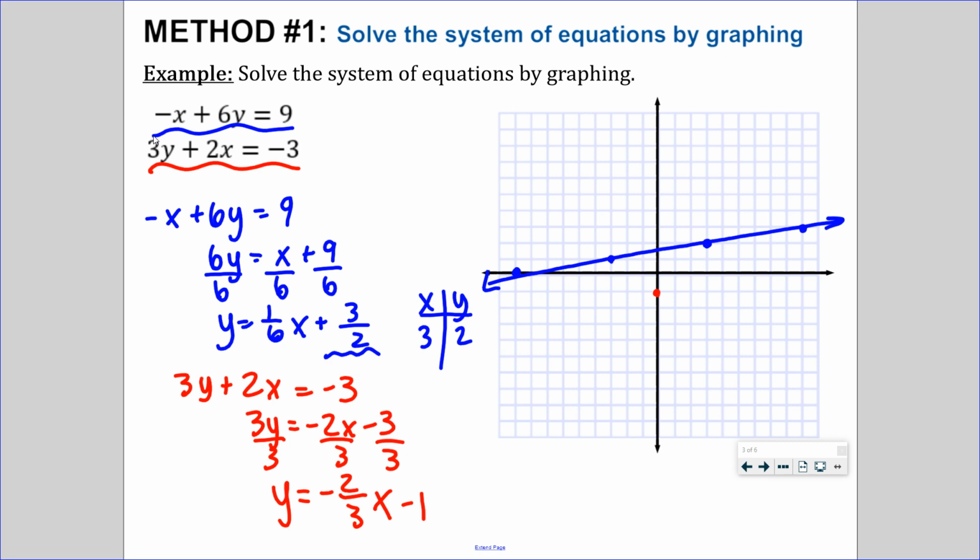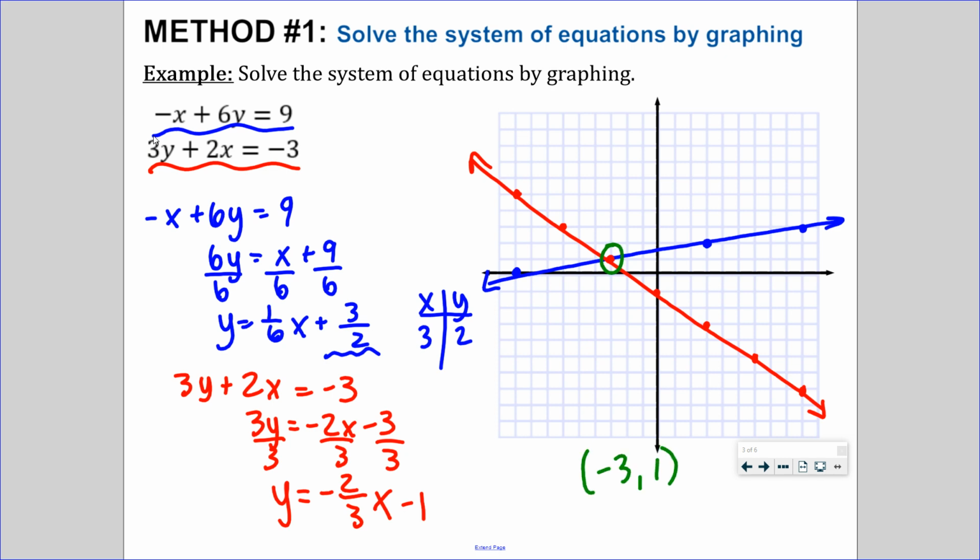And then I can graph my slope of negative 2/3. Hopefully you find one that's on both of your lines. And we did here. I like to circle it. And that ordered pair would be negative 3, 1.